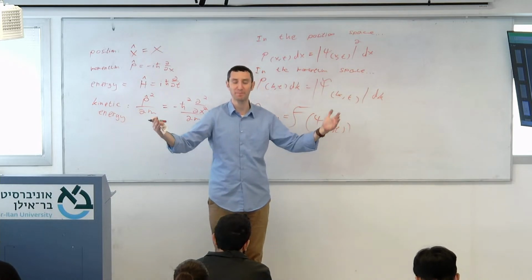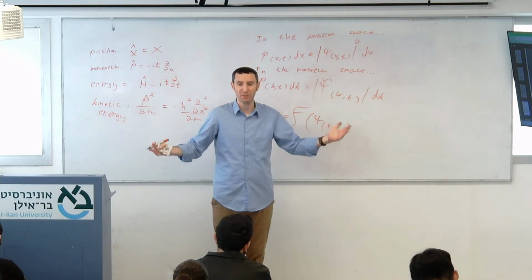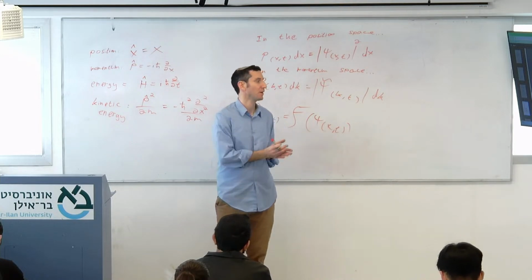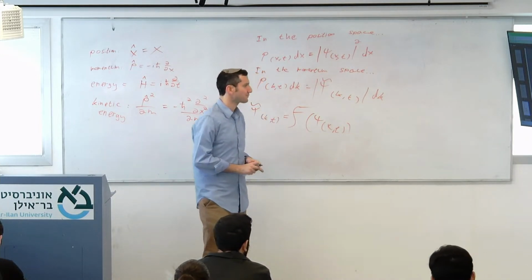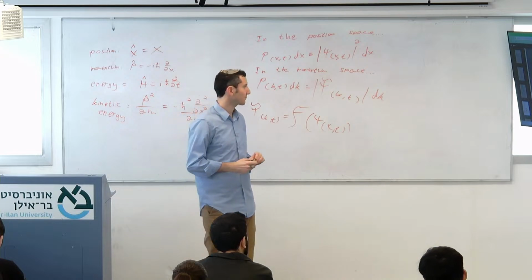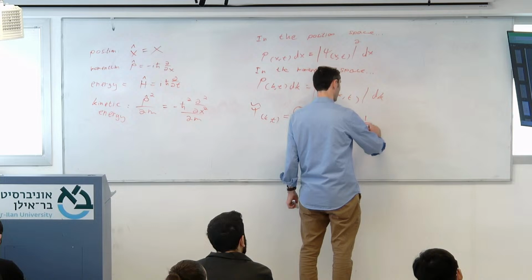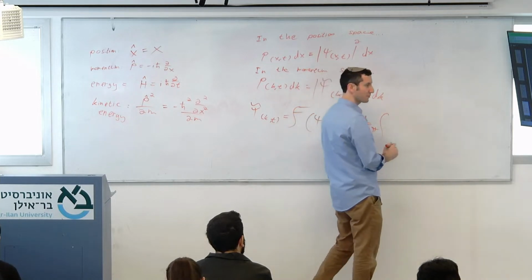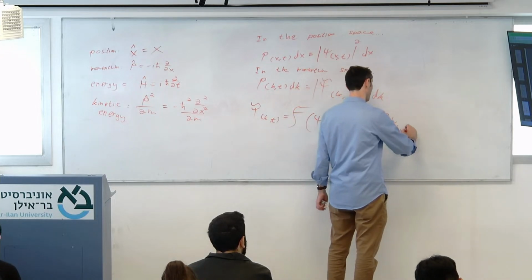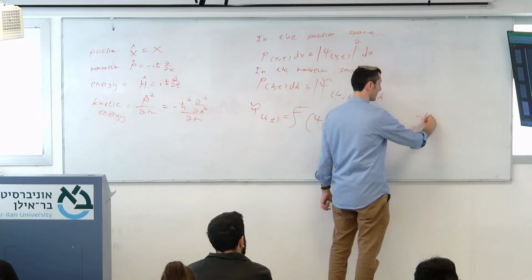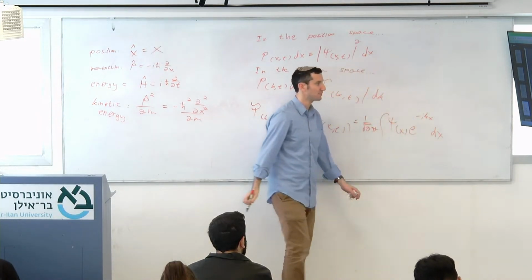I'm in many different values of k. I have no idea what my momentum is. Okay. I can write here 1 over square root of 2 pi integral psi of x e to the minus i k x dx.